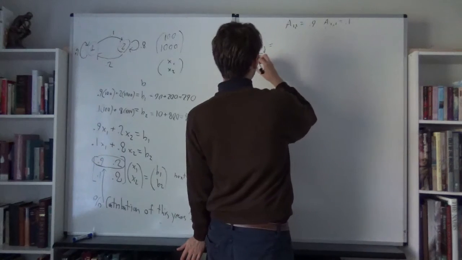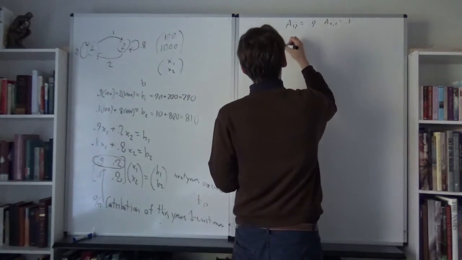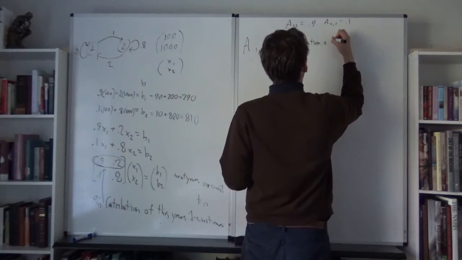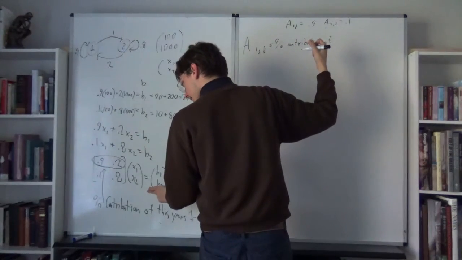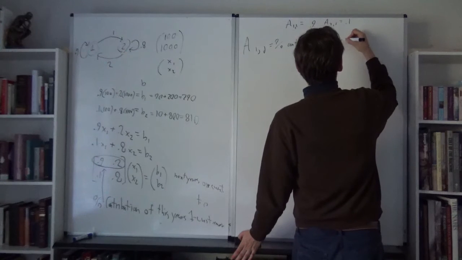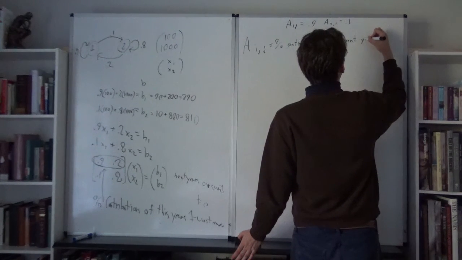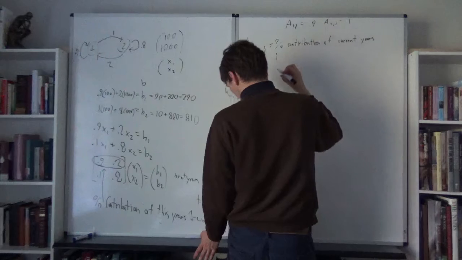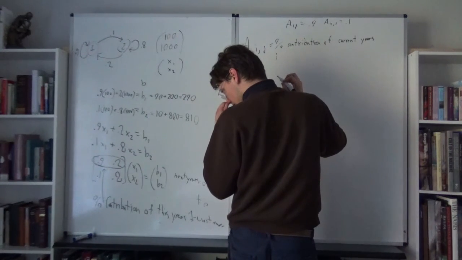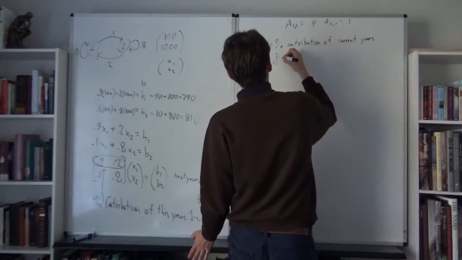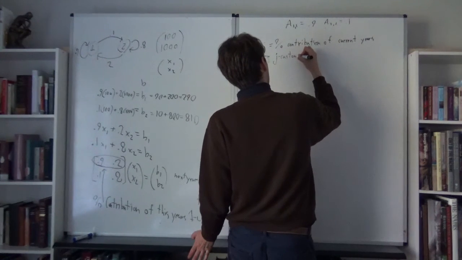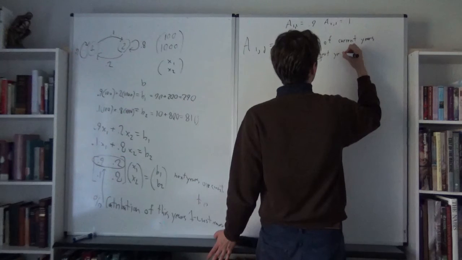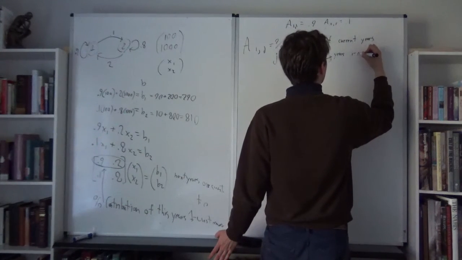In this situation, what this means here is percent contribution of current year's, actually this is going to be J customers, to next year's I customers.